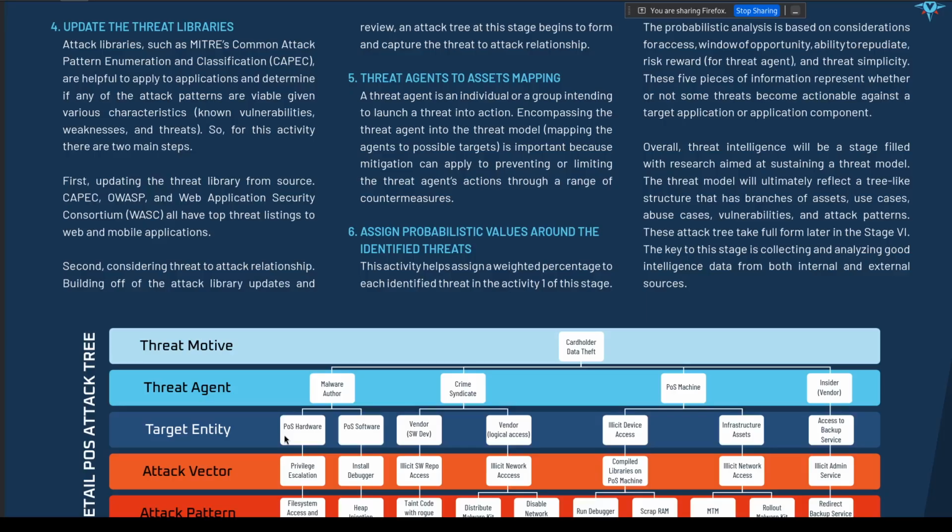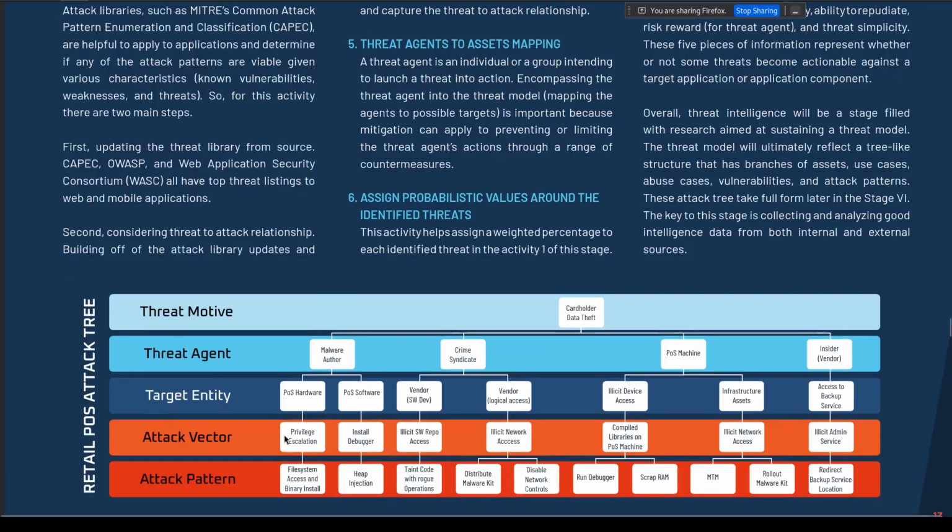As you can see here, one of the examples they have given for hitting a payment services system is a malware author, a crime syndicate, a state-sponsored attacker, and then we have an insider. Insiders can also be threat agents. We also need to focus on various insider threats during threat analysis.